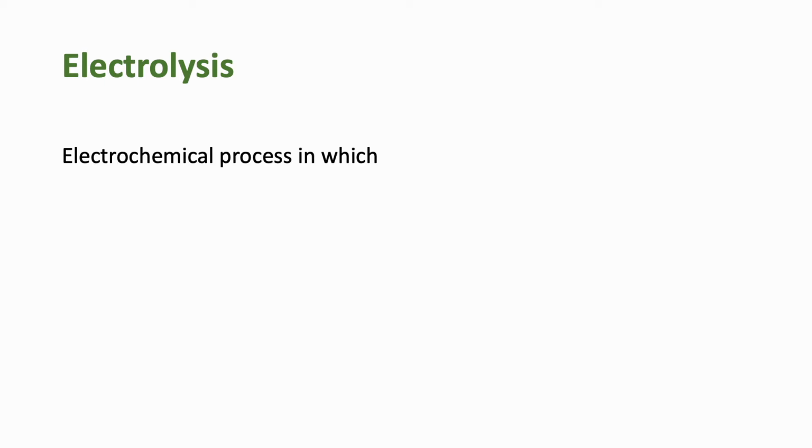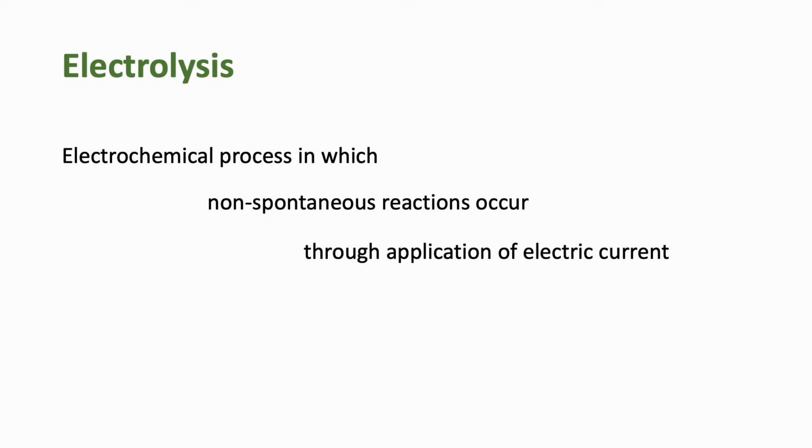Electrolysis is an electrochemical process that allows non-spontaneous reactions to occur. And as with other non-spontaneous reactions we've talked about before, that happens by putting a lot of energy in. In this particular case, that energy is applied in the form of an electric current.